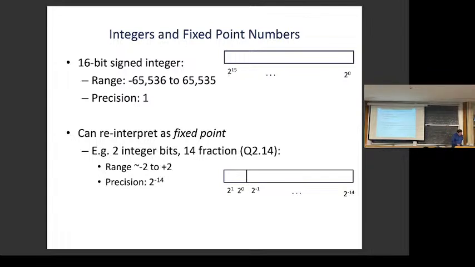Yeah, Q2.14. You're asking what it means? Well, basically it's 2's complement, right? The reason this only goes to +2 is that if I put a 0 here and a 1 there and 1's all along here, I get something that's just a tiny fraction less than 2.